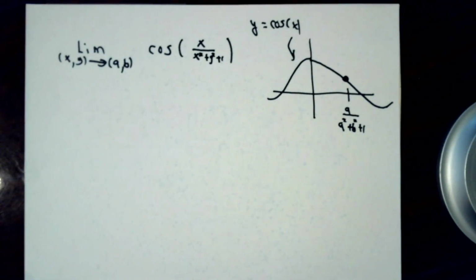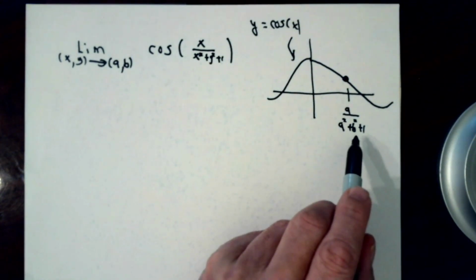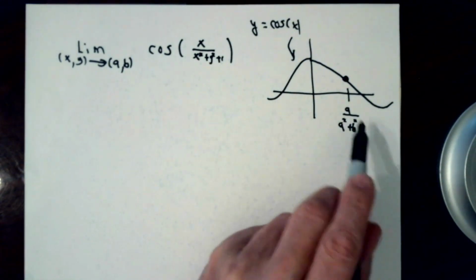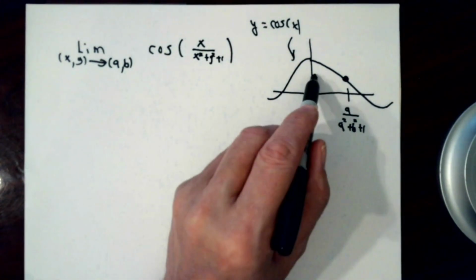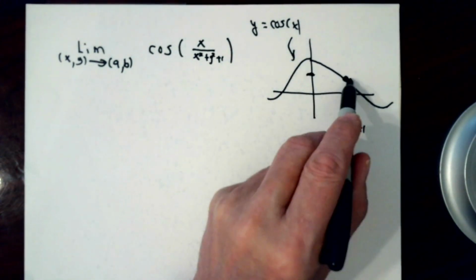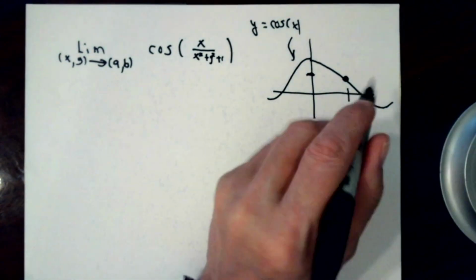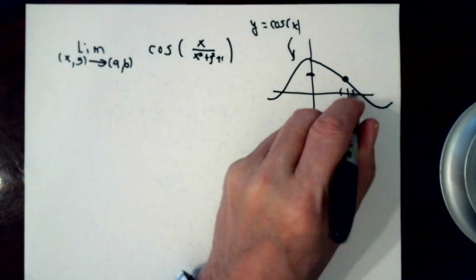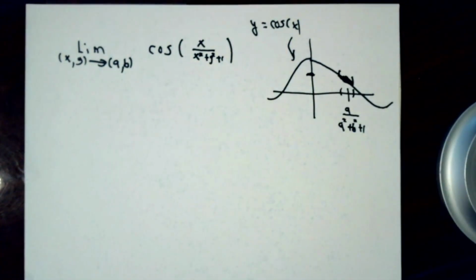Then what I want to think about is, is it true or false that by making the number that I feed into the cosine close to this number, I can make the y-coordinates on the cosine graph look a lot like the y-coordinate of that point? The answer is obviously yes.